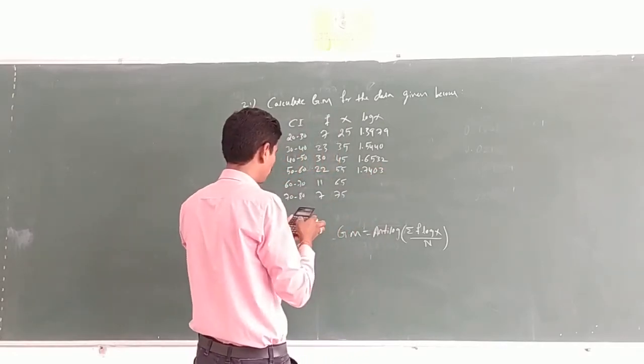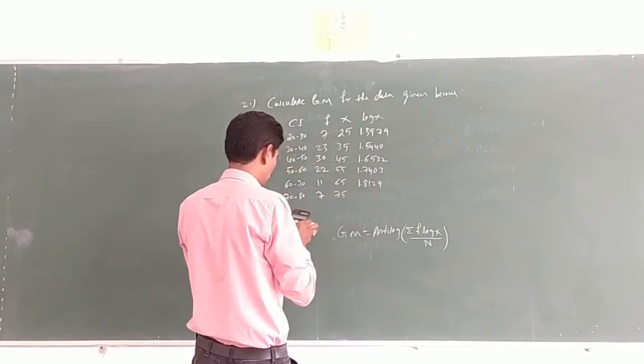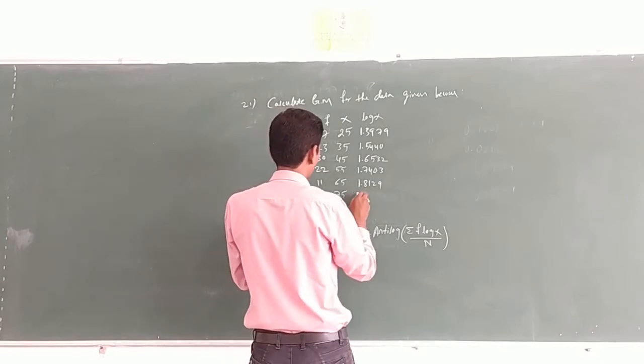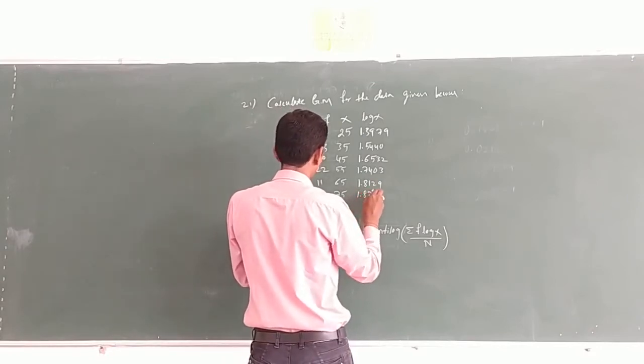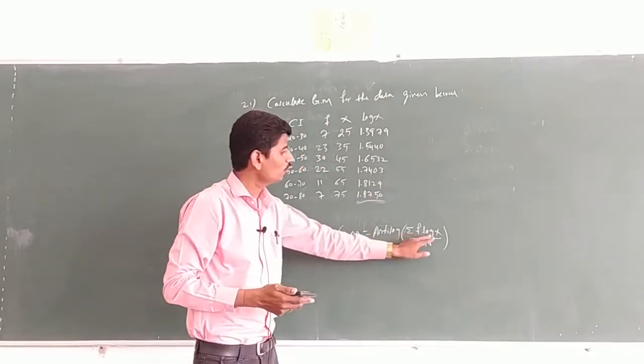Log 65 is 1.8129. The next, log 75 is 1.8750.